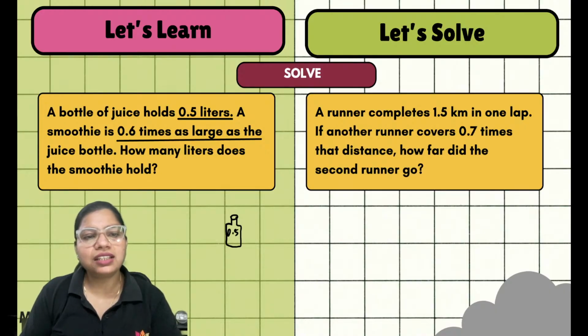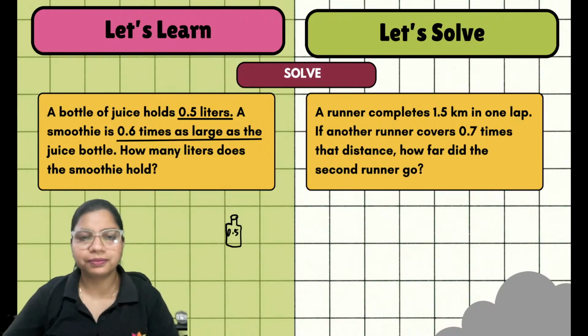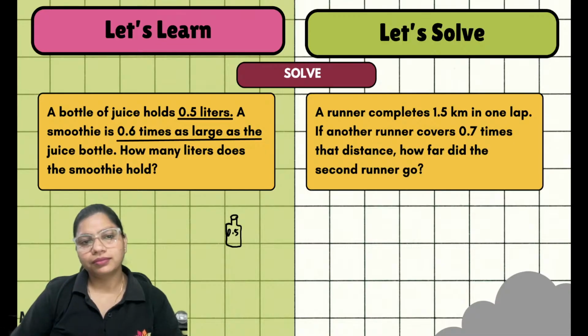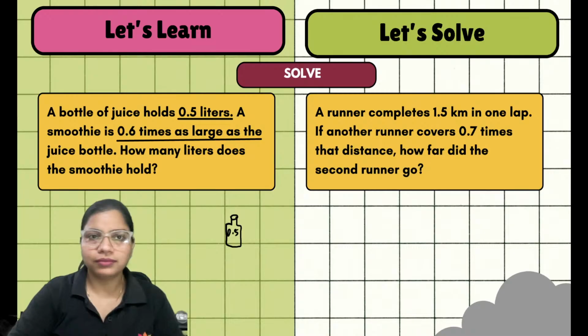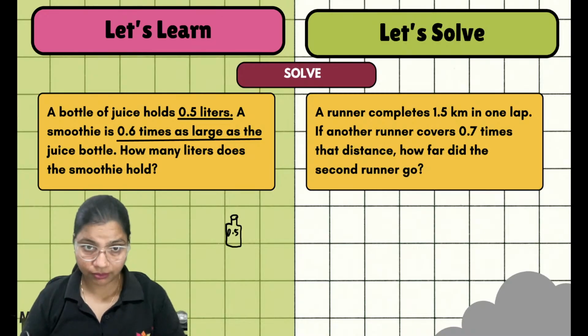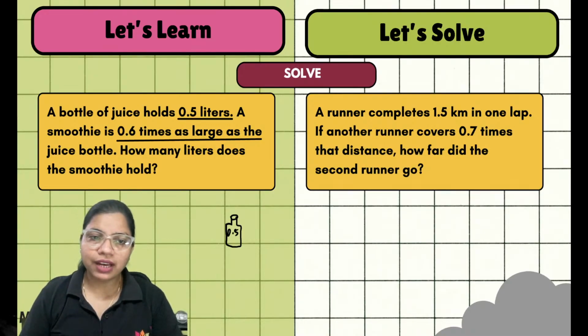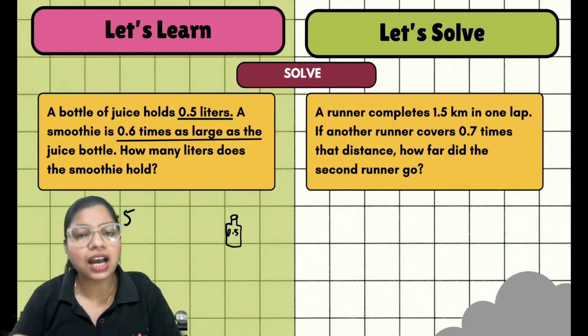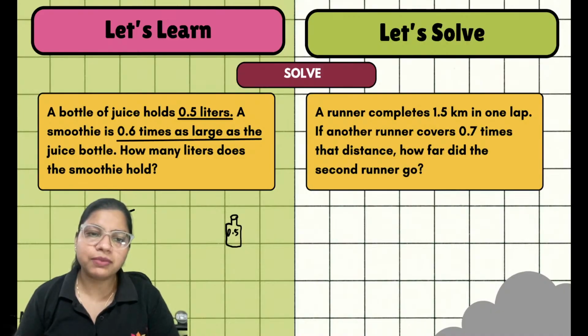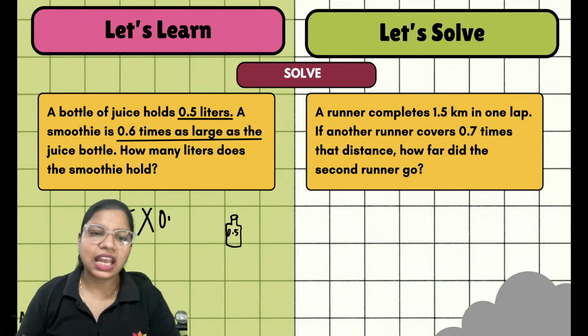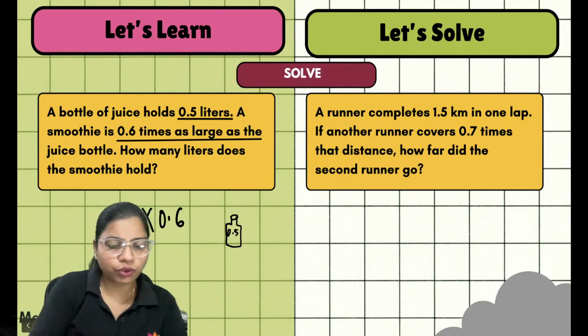How many liters does the smoothie hold? So 0.5 are there in the juice bottle and it is 0.6 times larger. So that means timesing it by 0.6. And if we multiply these numbers, what do we get?